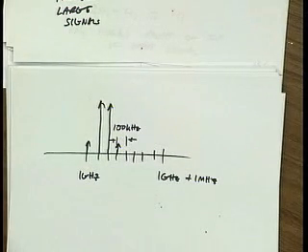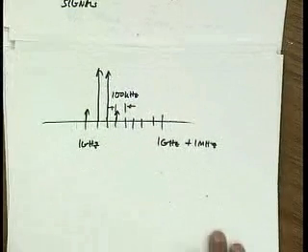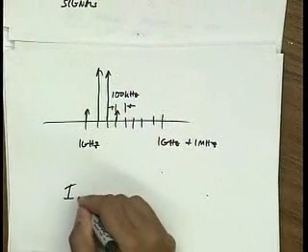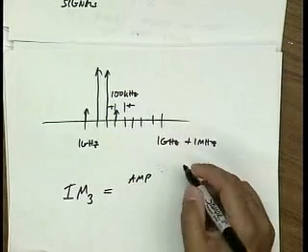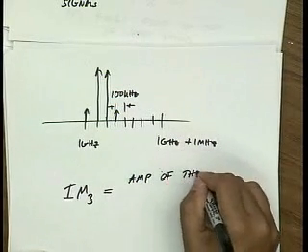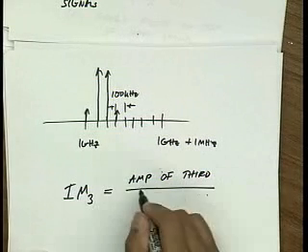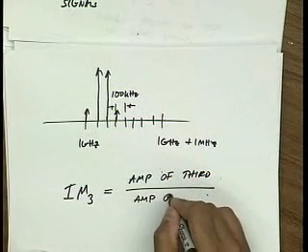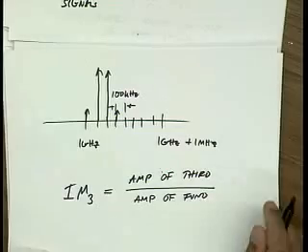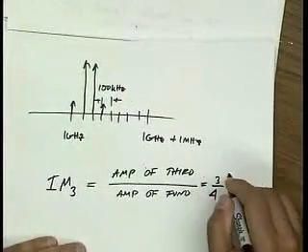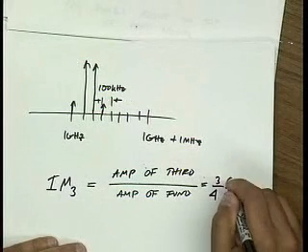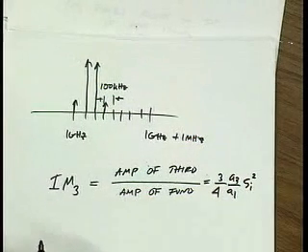Okay, so we see that IM3 is very important, so let's define it. IM3 is defined just in the same way that we defined IM2. It's the amplitude of the third-order intermodulation product divided by the amplitude of the fundamental. And we do all the math, and it's simply 3/4 A3 over A1 S input squared.